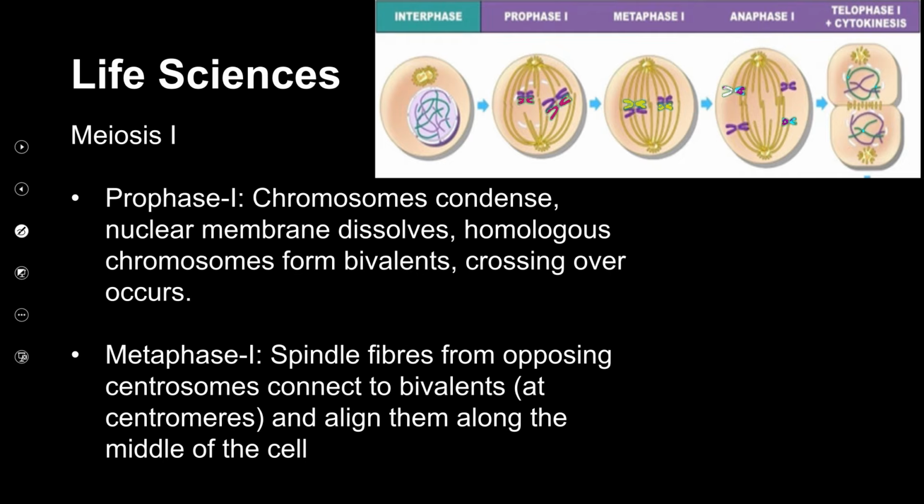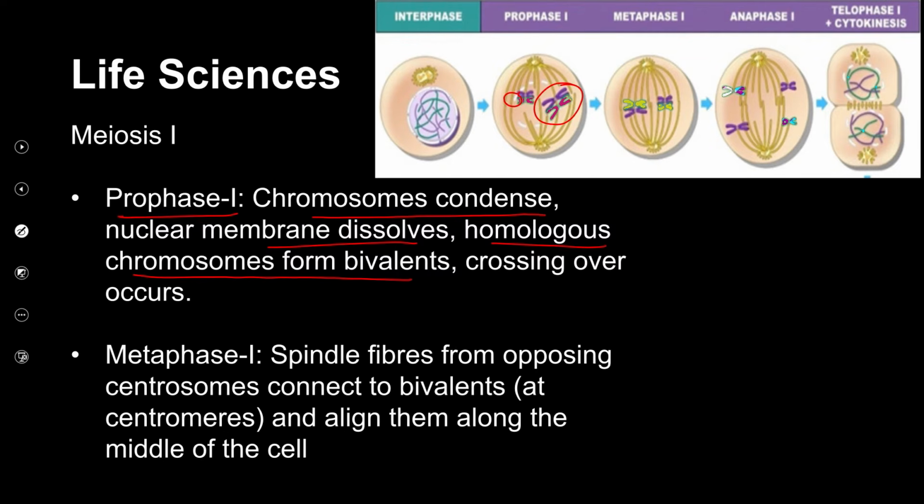So, prophase 1. When we look at the characteristics of that, we know that the chromosomes condense, and the nuclear membrane starts to disintegrate in patches. It's important that we understand that the homologous chromosomes now start forming bivalents. A bivalent is when chromosomes lie next to each other in pairs.